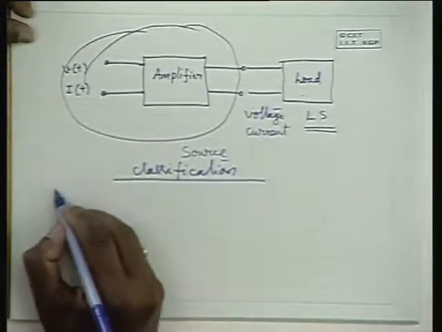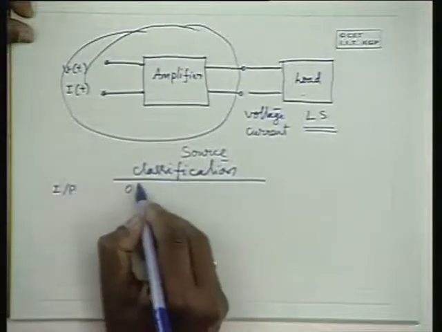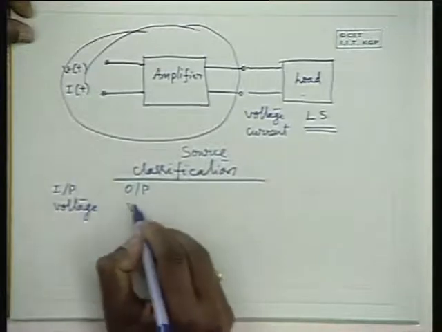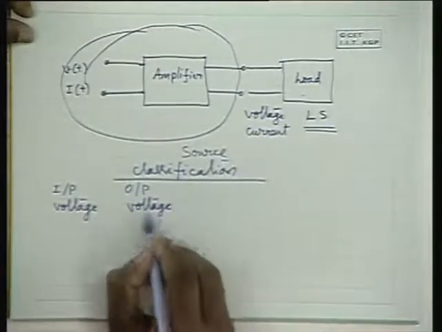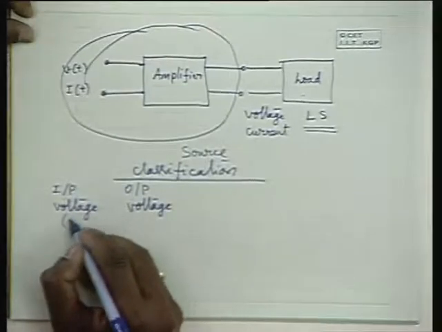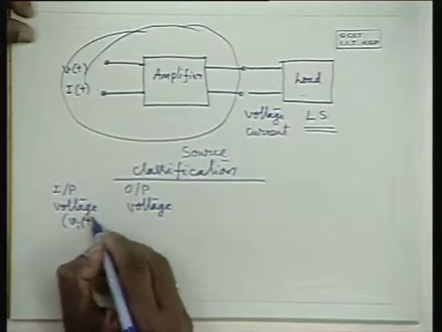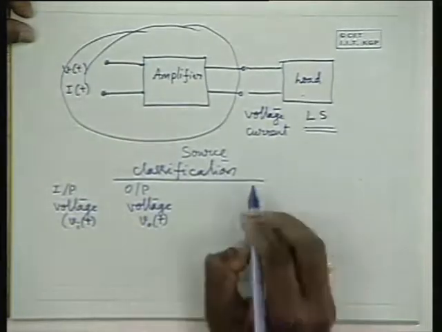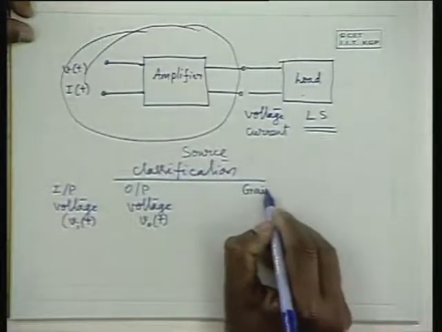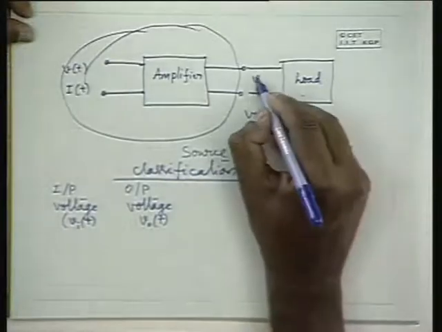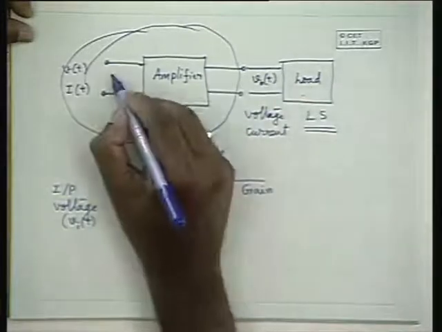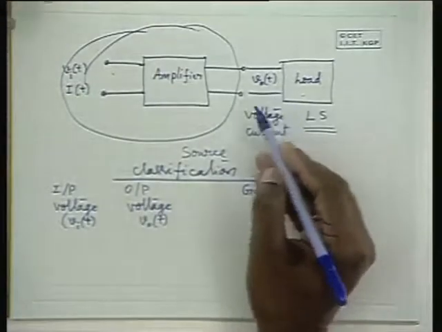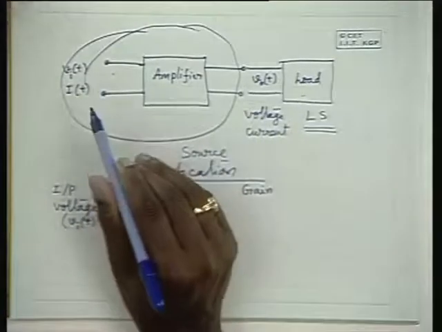If the input signal is a voltage and the output signal is also a voltage, let me call it VIT, I indicates input, and let me call it VOT, O indicates output. Then the gain of the amplifier is defined as the output voltage divided by the input voltage. Naturally, if it is amplifying by 10 times, output is 10 times the input.